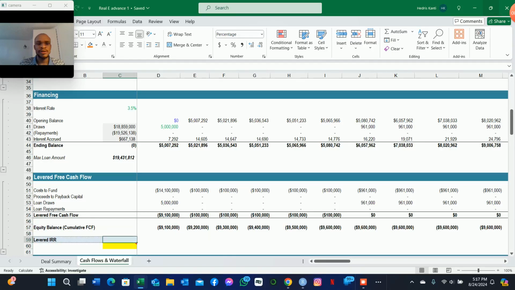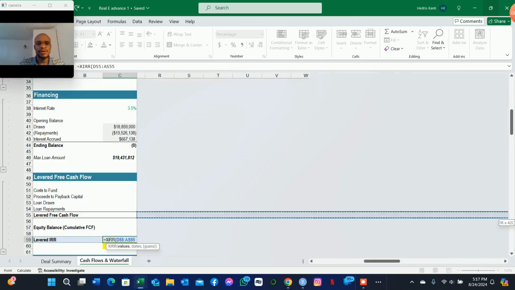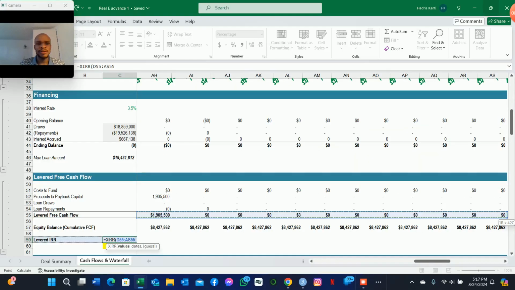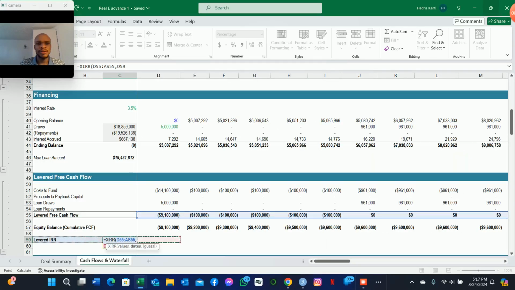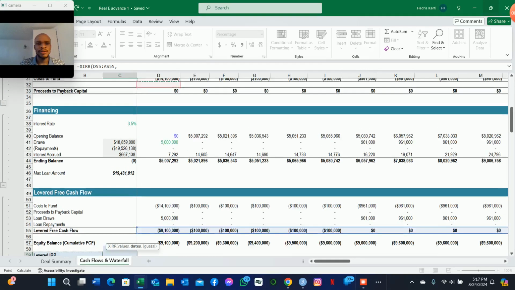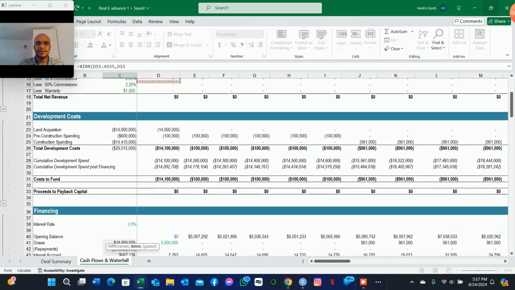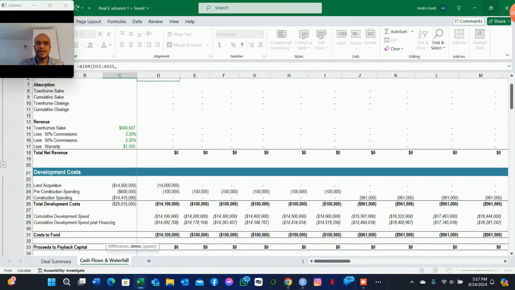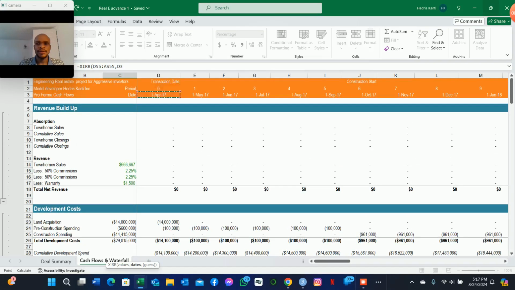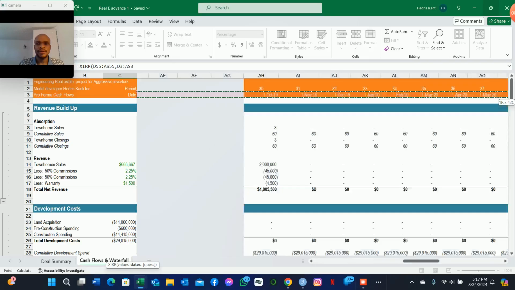So now we wanna determine the levered internal rate of return. So it's gonna be XIRR, and then we take all of these cash flows, the levered free cash flow, and the dates.